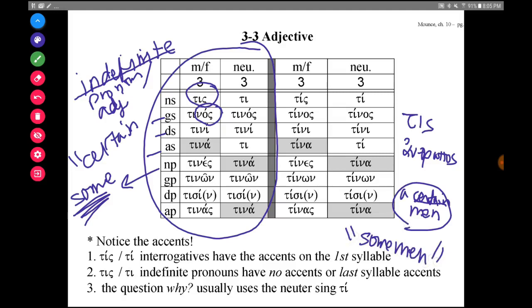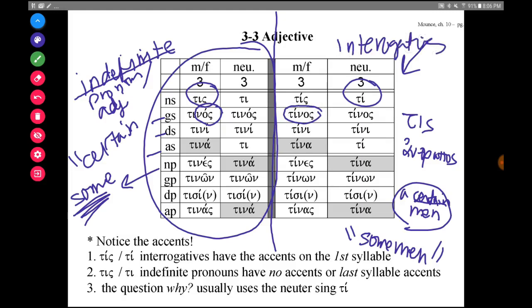But the key note here is that the indefinite pronouns look exactly like the interrogative pronouns, except that accents are important, and you need to remember that if it's a single syllable word and has an accent, or if it's a two-syllable word and the accent's on the first syllable, they are interrogatives.